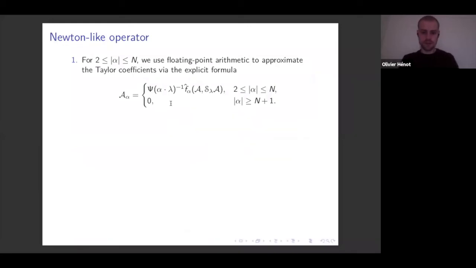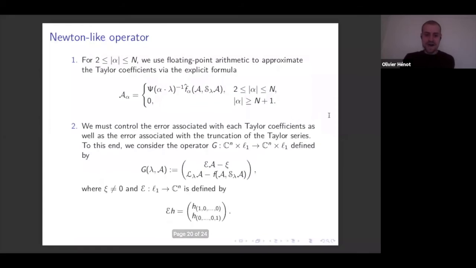So I'm going to speed up here a little bit and define this operator G, which represents the zero finding problem. But the punchline is that you don't care anymore to do the recursive formula.